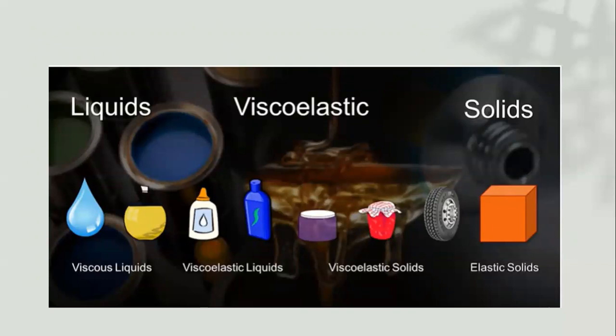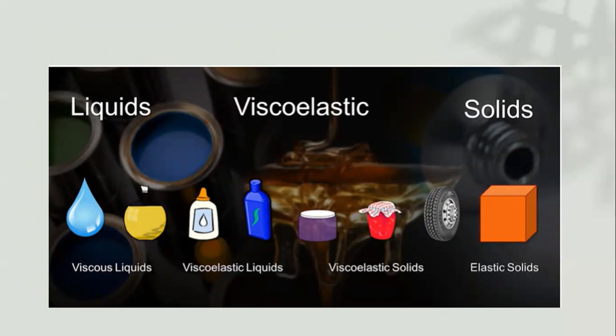If you omit the in-between viscoelastic category, and just keep in mind that there is something liquid and something solid: liquid is something which flows easily. If a liquid has no such viscosity, then you can say that the flow is good.